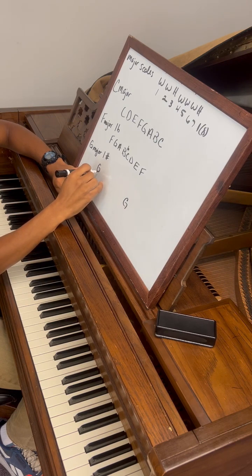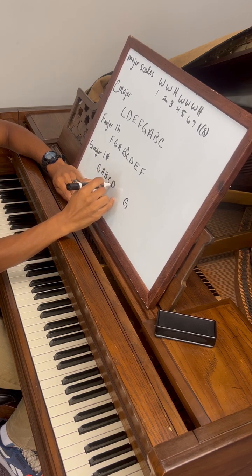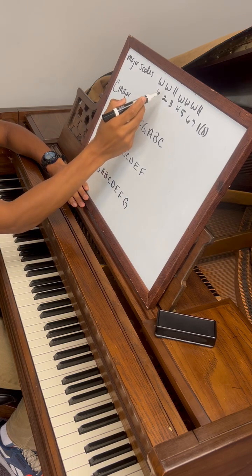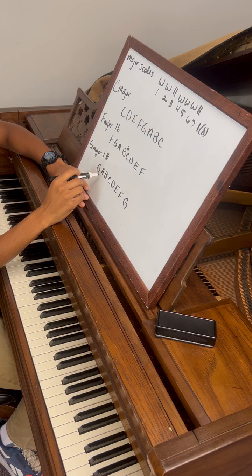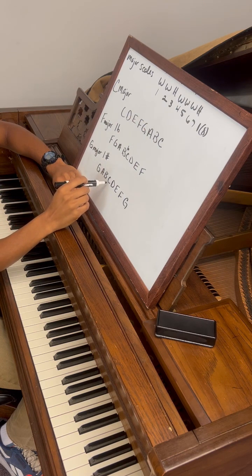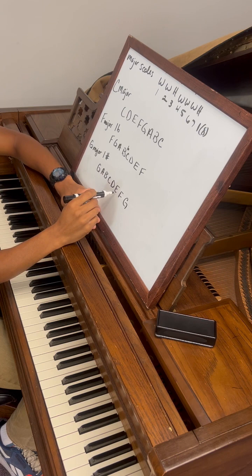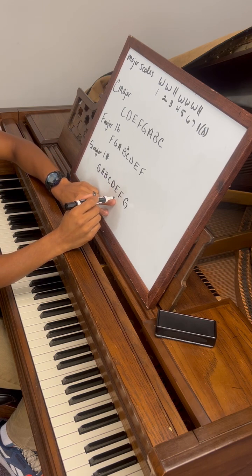So we can utilize the musical alphabet: G, A, B, C, D, E, F. We know that there has to be one sharp in it somewhere, so using our formula, G to A is a full step, A to B is a full step, B to C is a half step, C to D is a full step, D to E is a full step, E to F is a half step, but we need a full step right there, so we have to raise the pitch.